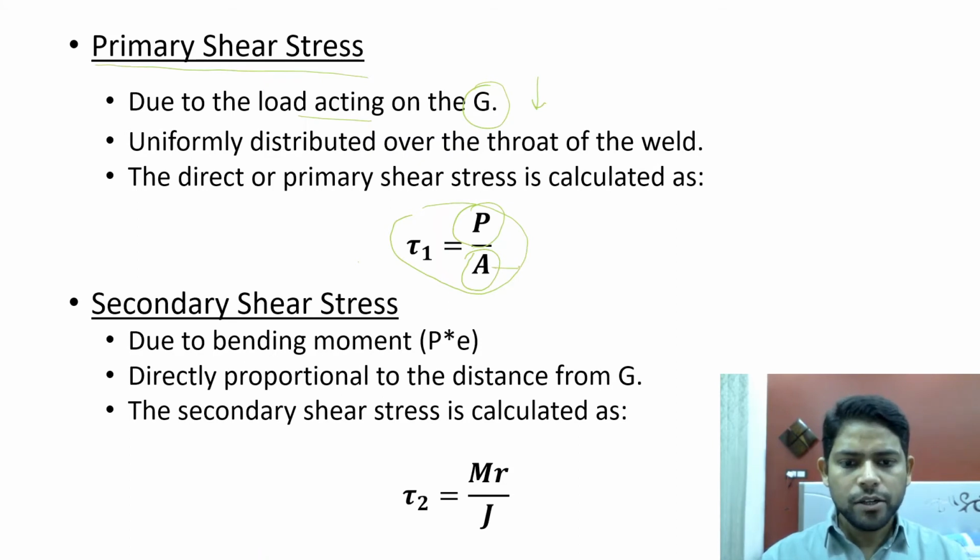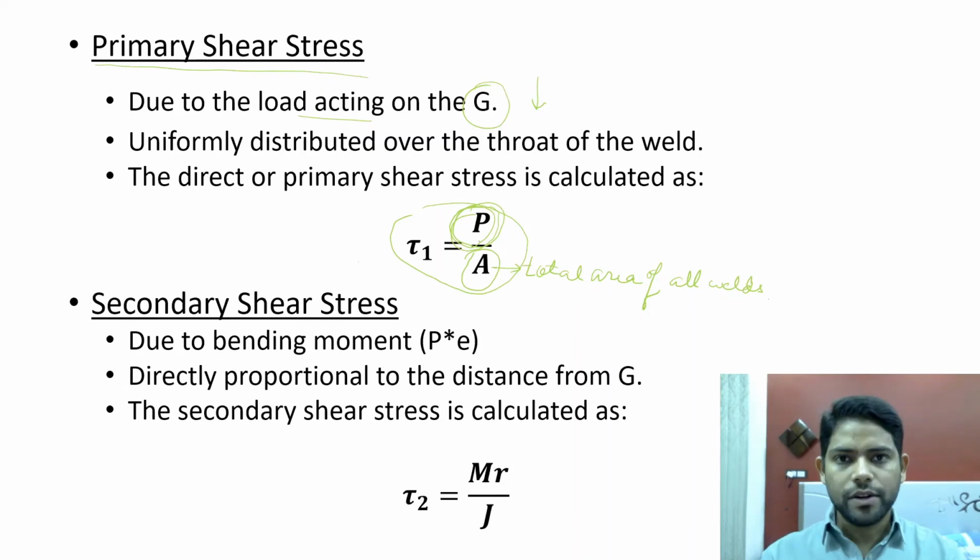This is the total area of all welds, and this is the complete load. This load is acting at the center of gravity of all the welds. So this is how you are going to calculate the magnitude of the primary shear stress.